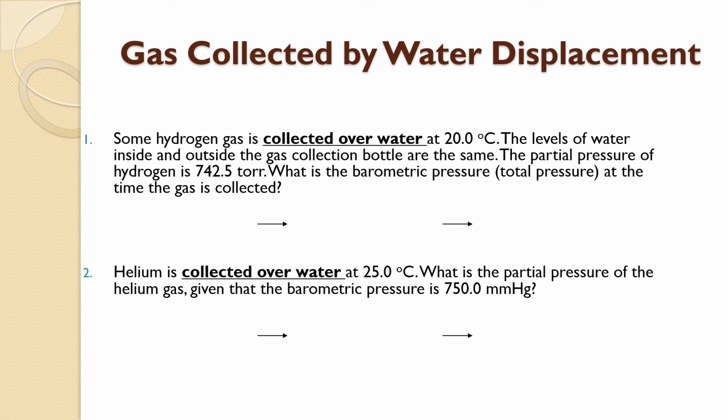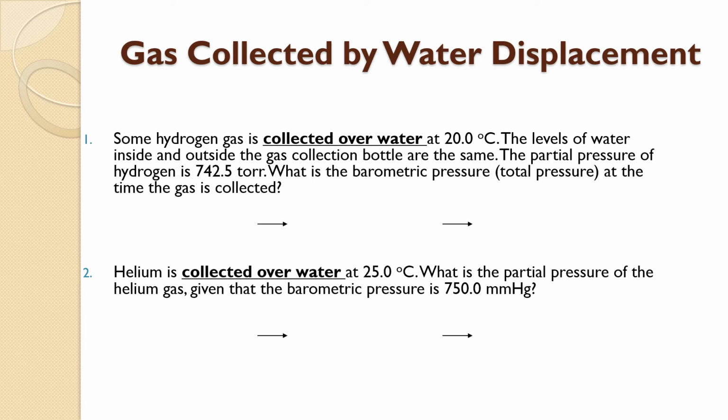When you look back, you see that at 20 degrees Celsius, your partial pressure of the water is 17.5 mmHg, which will convert to 17.5 torr. You simply plug in that number into your equation and you add them up. When you do so, you should get a total pressure of 760 torr.